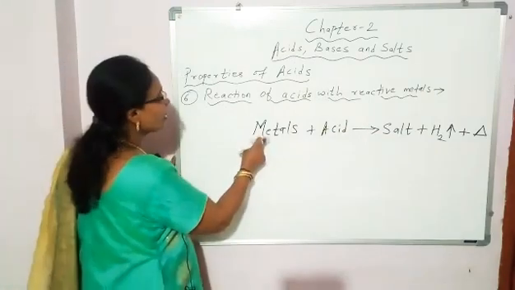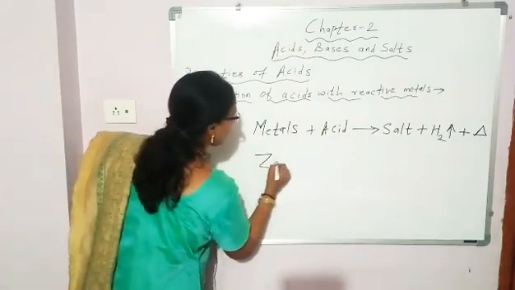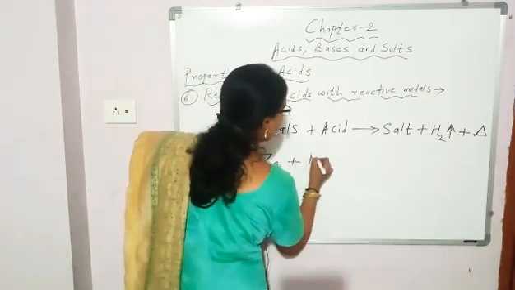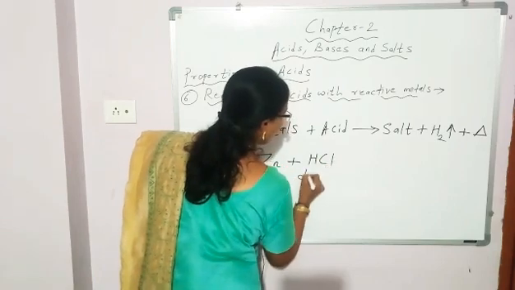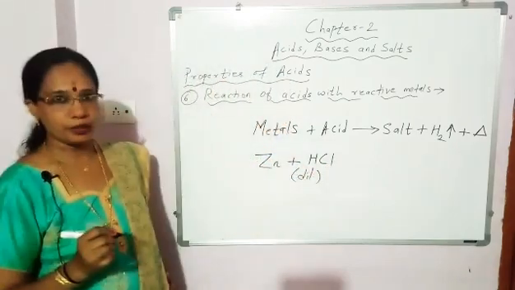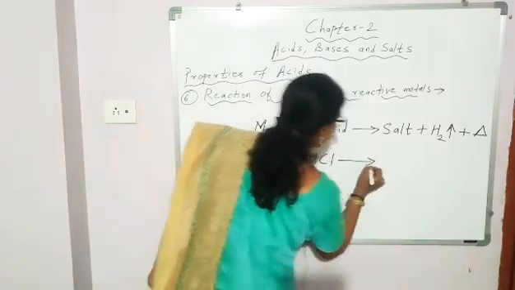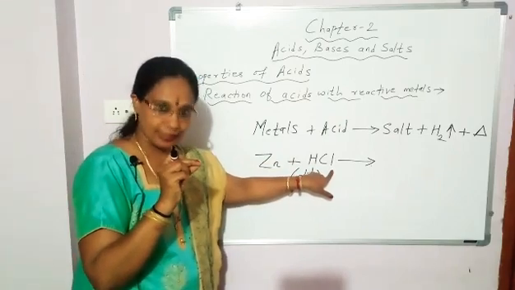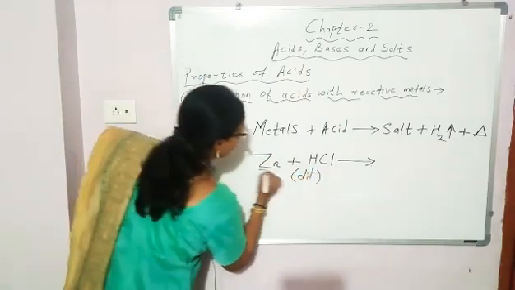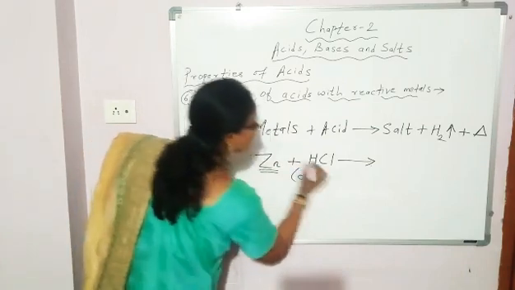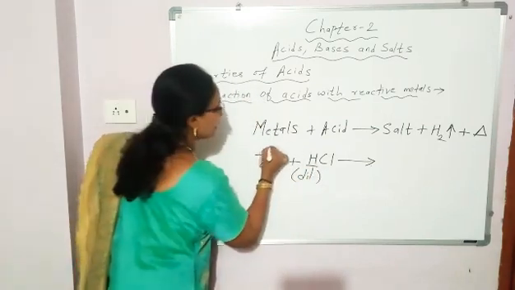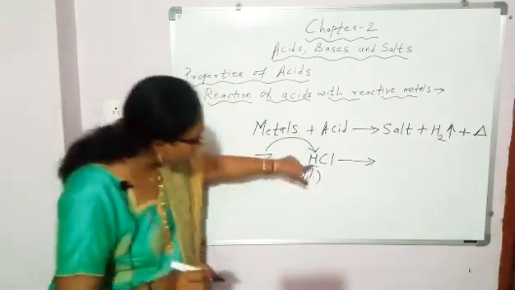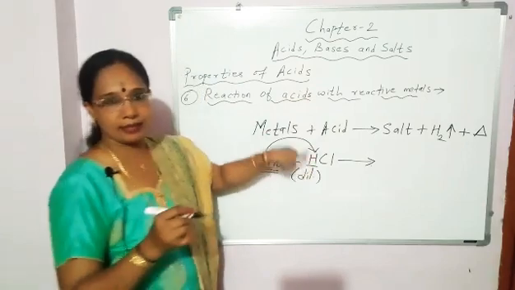One of the reactive metals which we are taking is zinc plus hydrochloric acid, HCl, dilute hydrochloric acid. So, when you add zinc pieces to dilute hydrochloric acid, zinc metal is more reactive than hydrogen. So, zinc displaces hydrogen. Displaces means remove hydrogen and take its place.